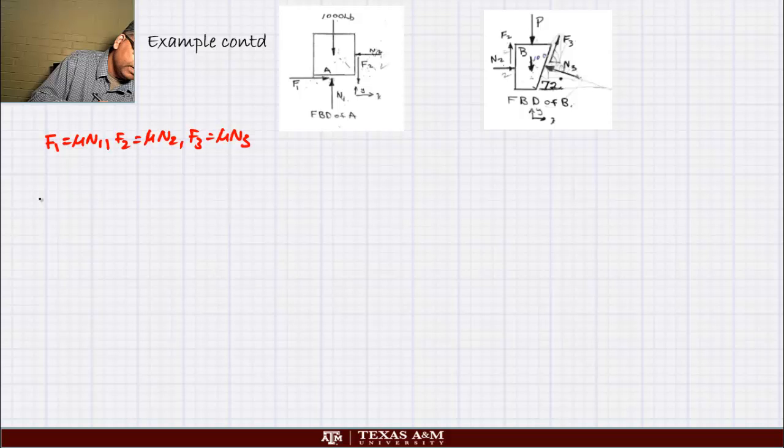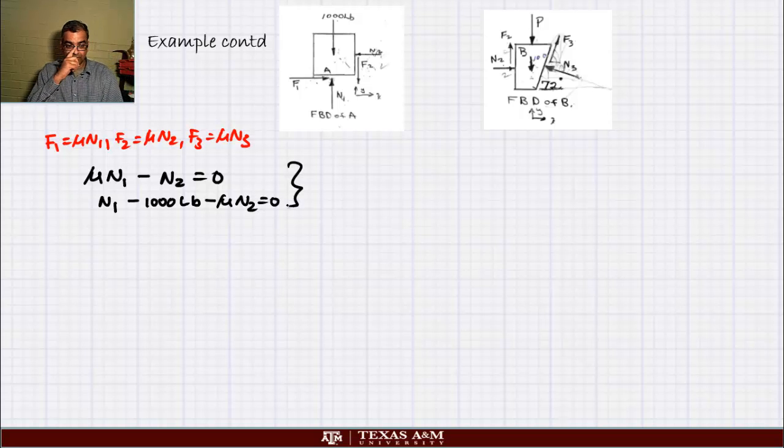Okay, if I do that and I substitute it in the first equation, I'll get mu N1 minus N2 equal to 0, N1 minus 1000 pounds minus mu N2 equal to 0. So this is substitute into 1, substitute into 2.